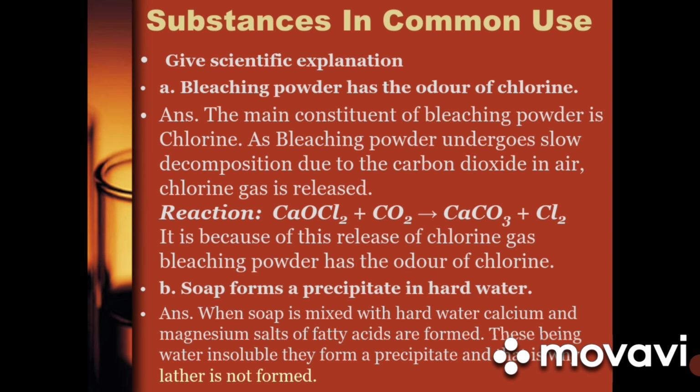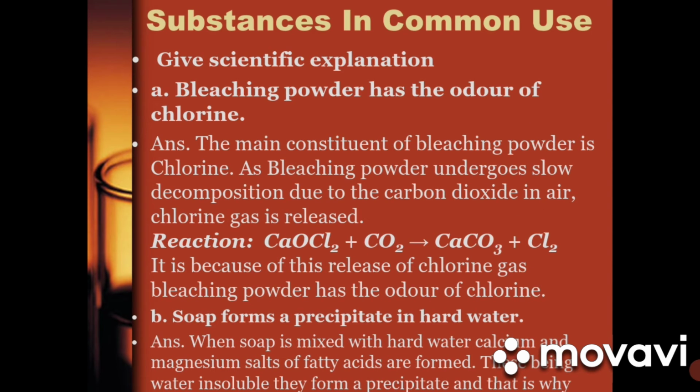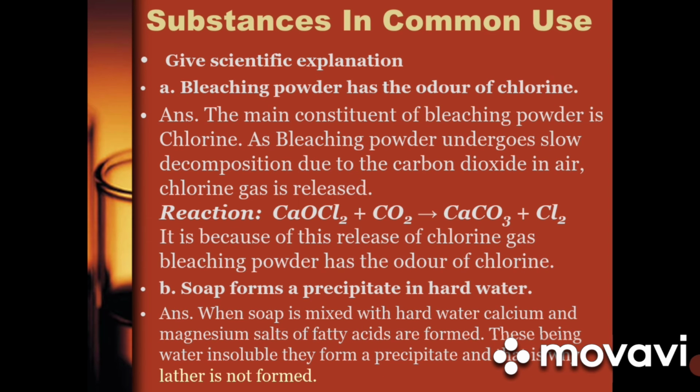Let us revise substances in common use. Give scientific explanation. Subdivision A. Bleaching powder has the odor of chlorine. The main constituent of bleaching powder is chlorine. As bleaching powder undergoes slow decomposition due to the carbon dioxide in air, chlorine gas is released.